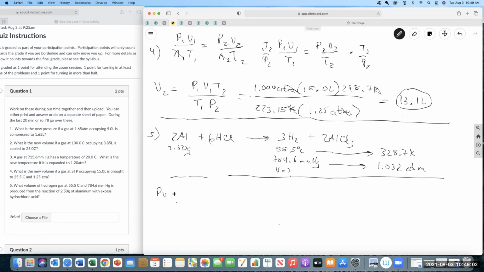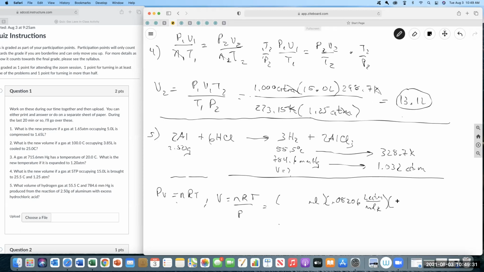PV is nRT, which means V is nRT over P. We don't have n, so I'm going to leave it blank. We're going to have to find the moles of hydrogen. We do have R, 0.08206 liters atmospheres per mole Kelvin.